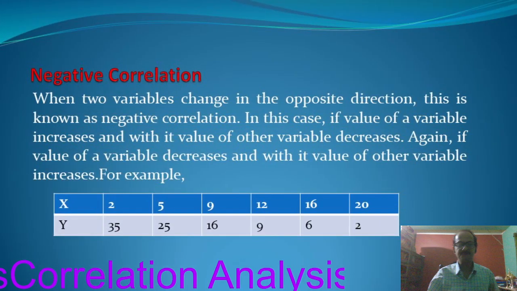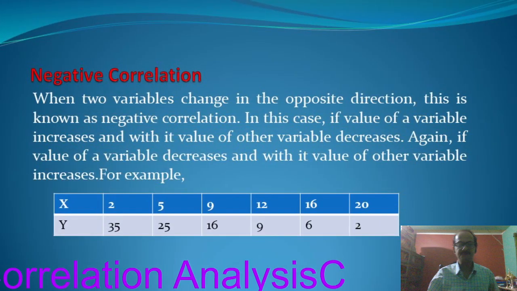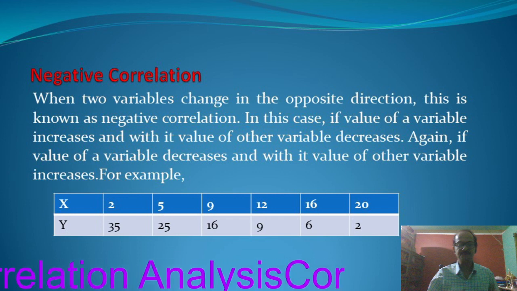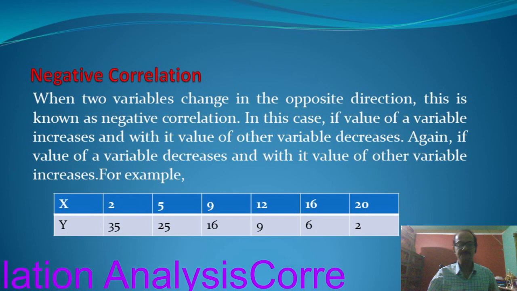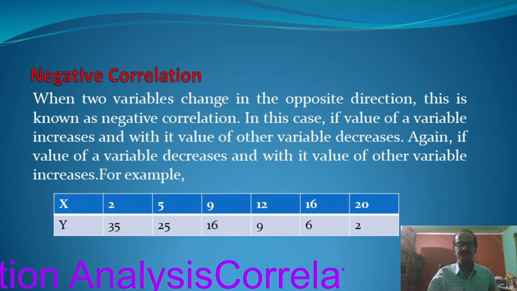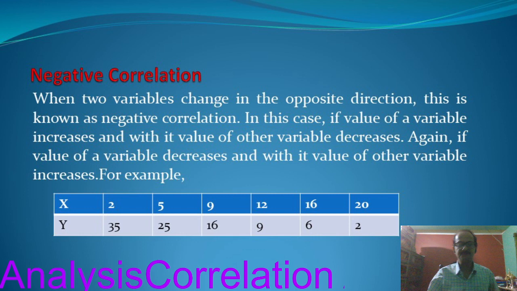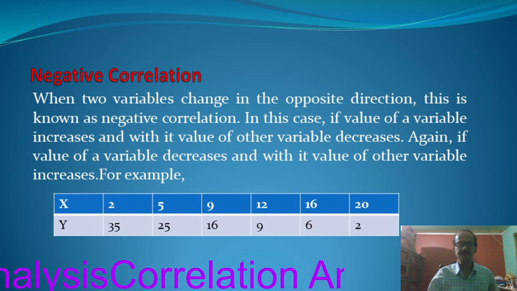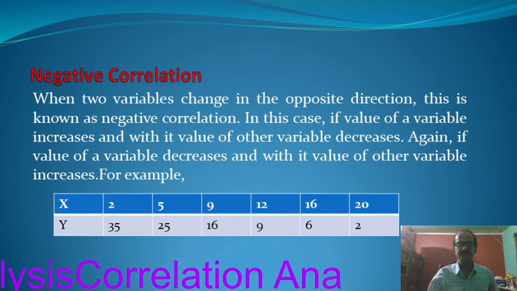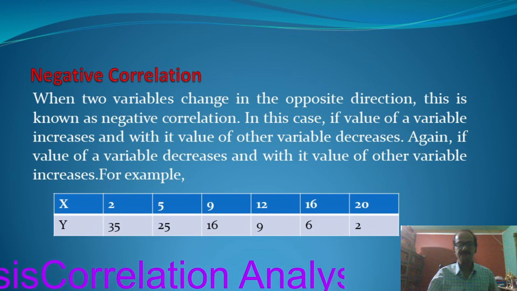Now negative correlation. When two variables change in the opposite direction, this is known as negative correlation. Here, if the value of a variable increases, with it the value of the other variable decreases. Again, if the value of a variable decreases, with it the value of the other variable increases.